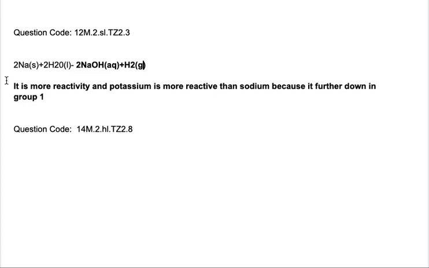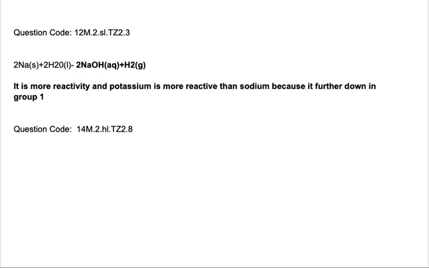When we added both of these, they formed a chemical reaction, which made an equation of 2NaOH(aq), which means dissolved in water, plus H2(g), which means it's in its gaseous state. The second question is: state and explain one difference between the reactions of sodium and potassium with water.